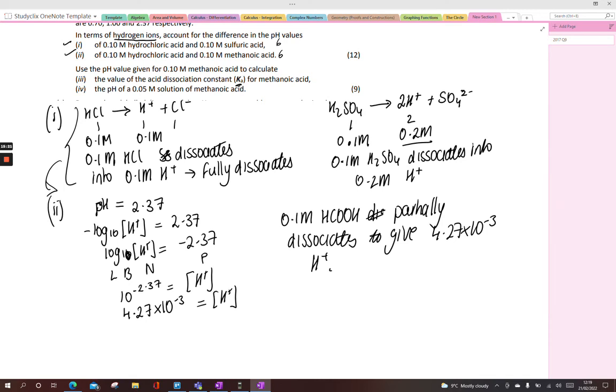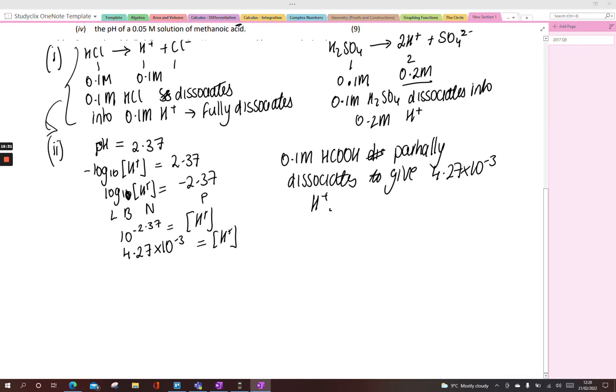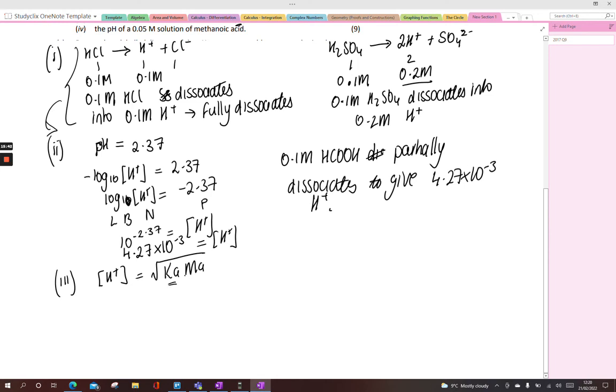Part 3. Use the pH values for 0.1 molar methanoic acid to calculate the value of Ka. Now, there's a thing for weak acids. Weak acids, to work out my hydrogen ions, it's the square root of Ka times Ma. Now that's what I'm trying to work out. I know my hydrogen ion concentration, I worked it out in the previous bit, is 4.27 by 10 to the minus 3.